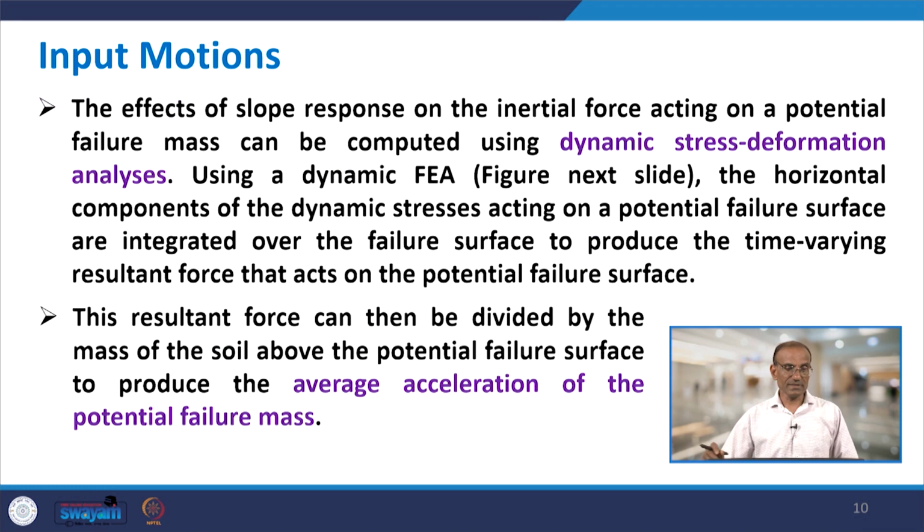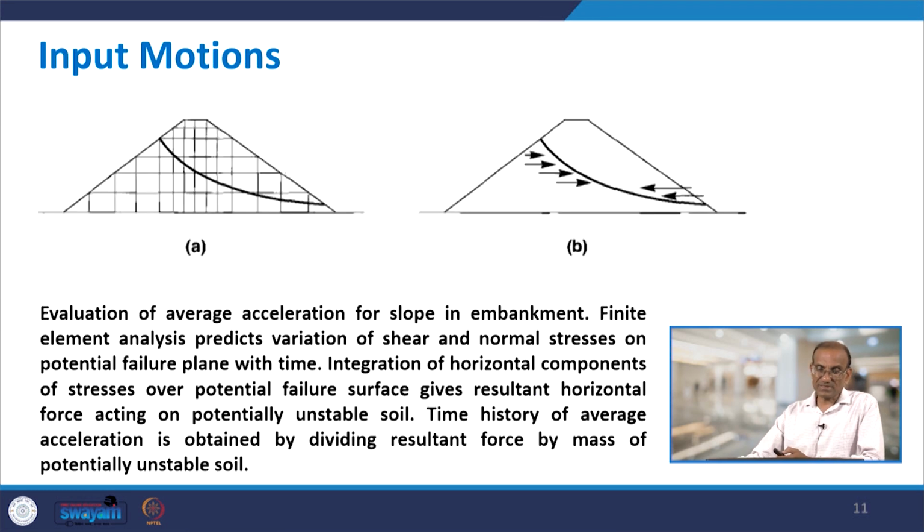So, the effects of slope response on the inertial force acting on a potential failure mass can be computed using dynamic stress deformation analysis, using dynamic finite element analysis, which is in the next figure. So, this is what has been done.